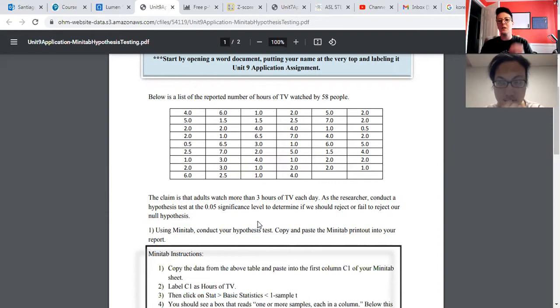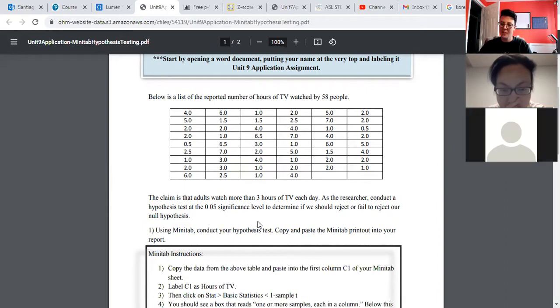Real quick, what's our alpha? It's right there. What's our alpha? 0.05. Thank you. That is correct. 0.05. This is your alpha. Okay, 0.05. We're essentially saying we are 95% confident with a 5% error, right?